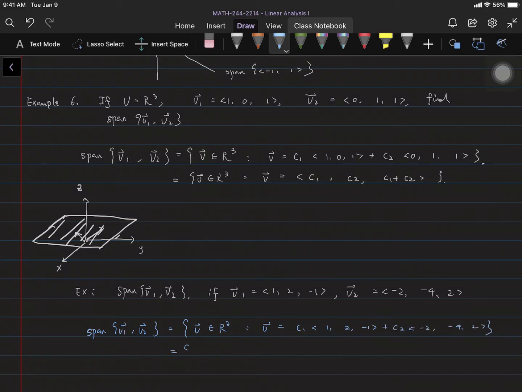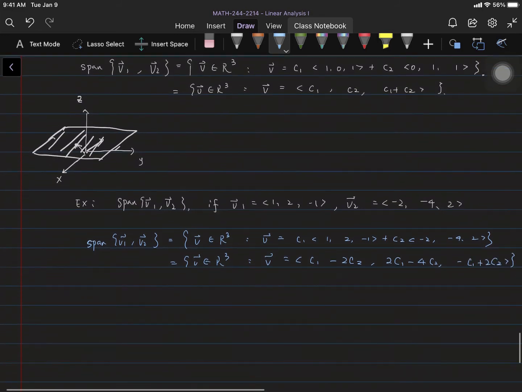After we simplify, every vector has this form: (C1 - 2C2, 2C1 - 4C2, -C1 + 2C2). This is the spanning set.